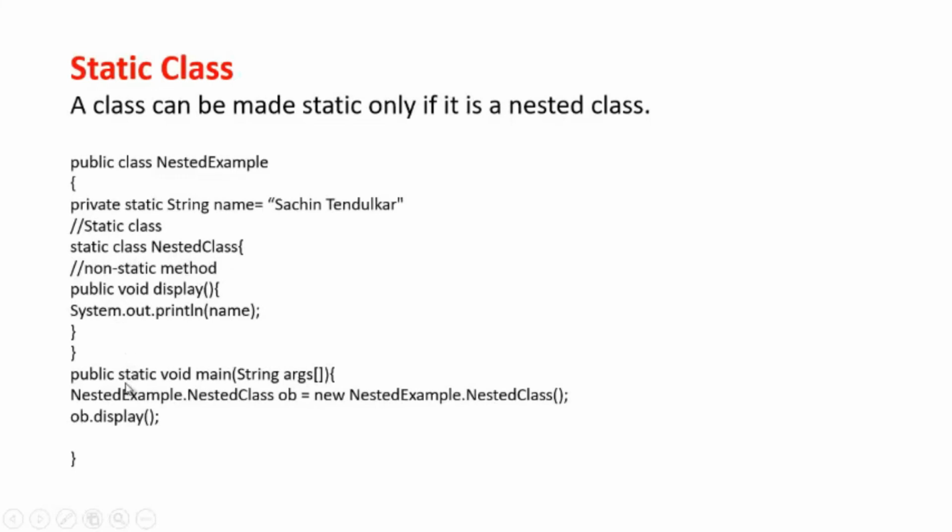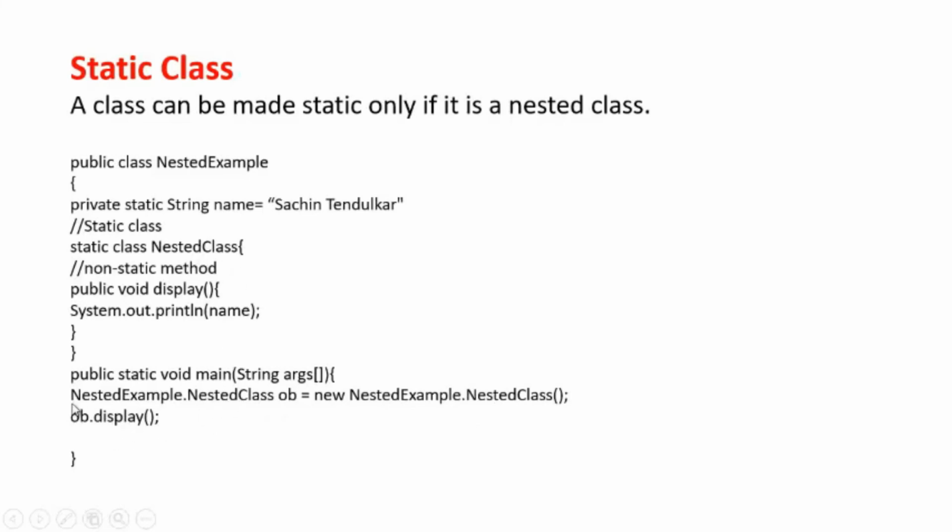So when we call it in public static void main, I have created a NestedExample.NestedClass ob. I have to give the class name here, and then the nested class name, then ob equal to new NestedExample.NestedClass, and then ob.display. So ob.display is defined within this nested class.